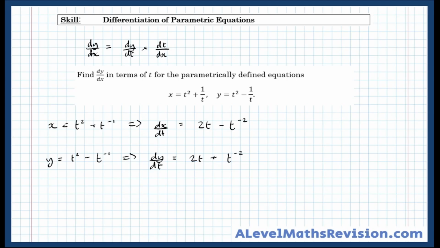So now what we're going to do, we're going to take dy by dt and multiply it by dt by dx, which is the reciprocal of dx by dt. So let's do that. So that means that dy by dx equals dy by dt, 2t plus t to the minus 2, times the reciprocal of dx by dt.